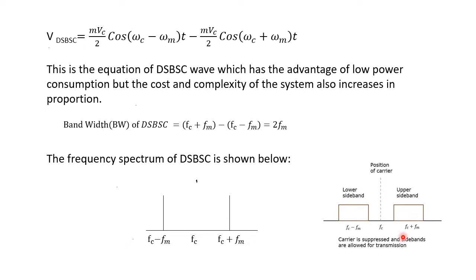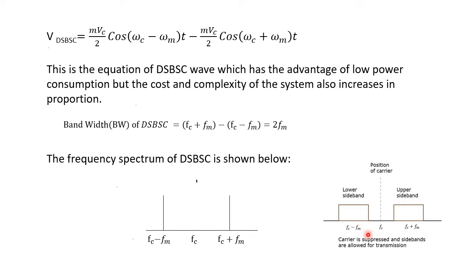But in the case where the modulating frequencies cover a particular range, suppose the message signal lies from 20 hertz to 20 kilohertz, then the upper sideband will be a complete band of frequencies, that is fc + fm. So the lower edge will be fc + 20 hertz, and this line will indicate fc + 20 kilohertz.